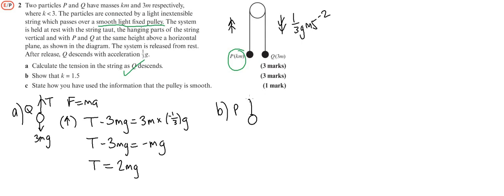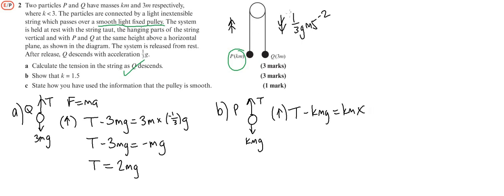So I'm going to use the fact that that's the tension, and then we've just got kmg acting downwards. So again, I'm going to pick my direction. I'm going to pick it to go in this direction. So T, again, is going up, minus mass times gravity, down. That equals my mass times acceleration. So that's just km times acceleration.